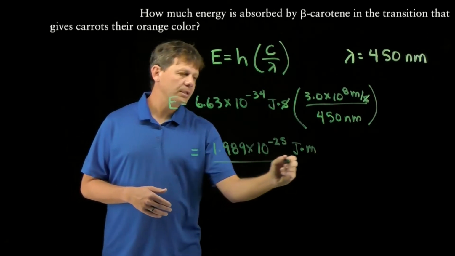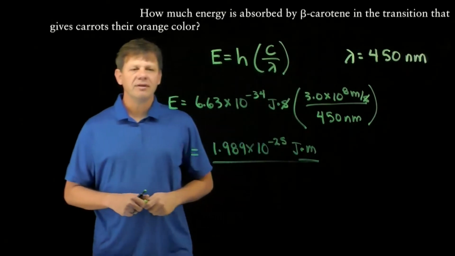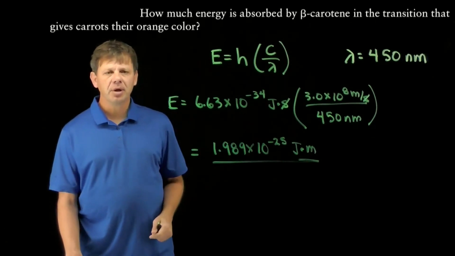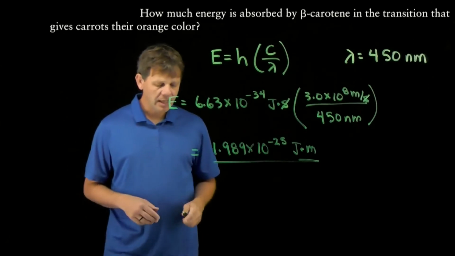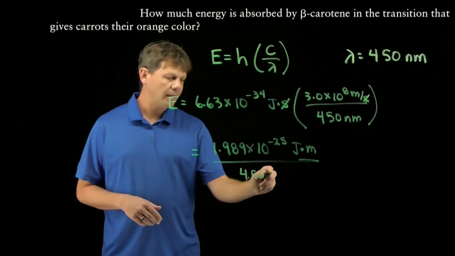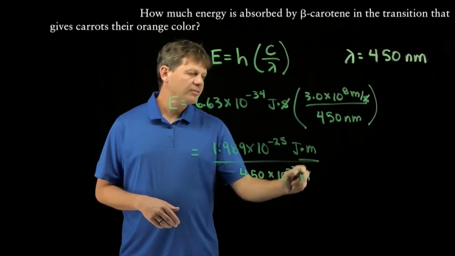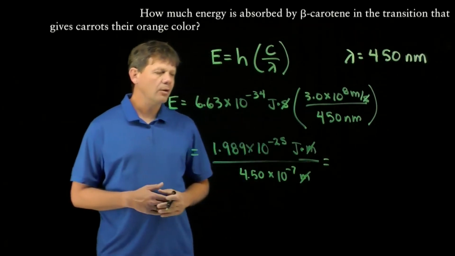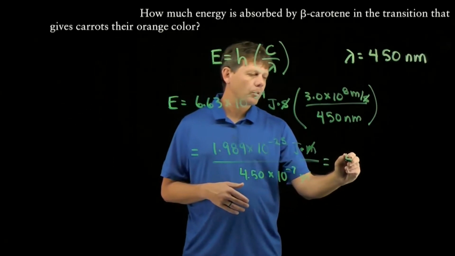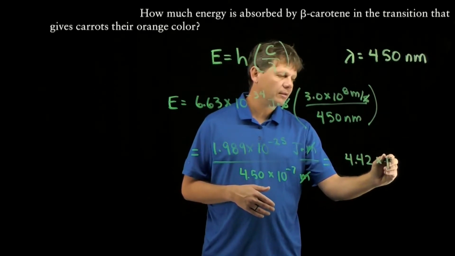All of this is going to be divided by 450 nanometers, but because we have meters here, we're going to express 450 nanometers in meters. So we'll make that 4.50 times 10 to the minus 7th meters. This is going to allow meters to cancel out so that we end up with an energy in joules of 4.42 times 10 to the 19th joules.